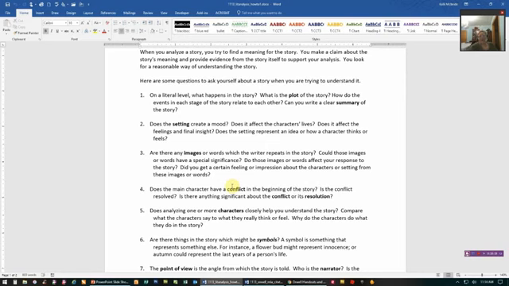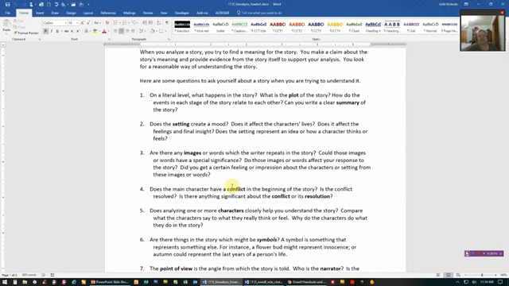Sometimes setting can almost be a character in itself. If you've ever read a story like Poe's House of Usher, the first thing we see about the house is that it resembles a skull, and so that's very ominous. The house itself is a presence. Sometimes it isn't, so we have to think about whether, if this story took place at any other time or any other place, the same events would have happened.